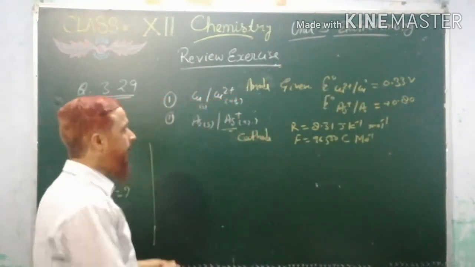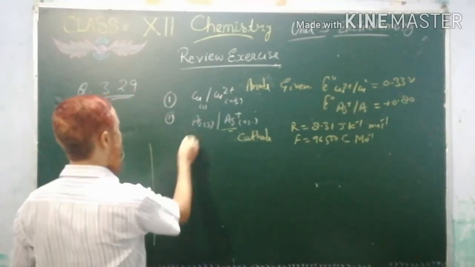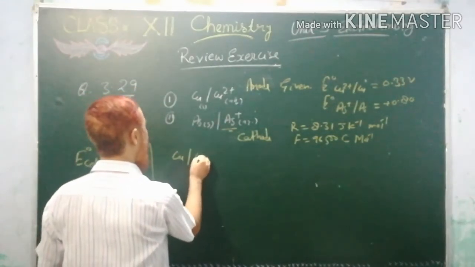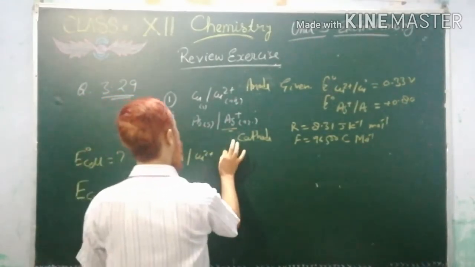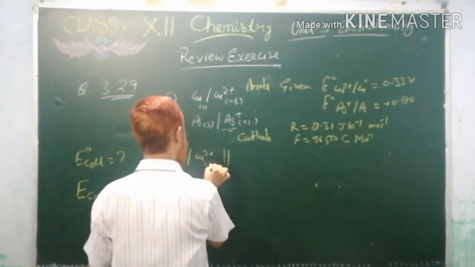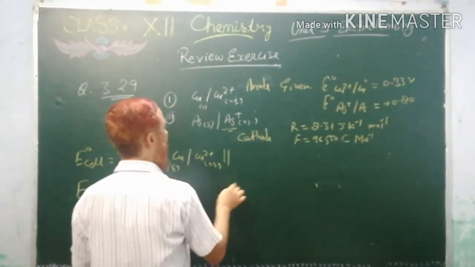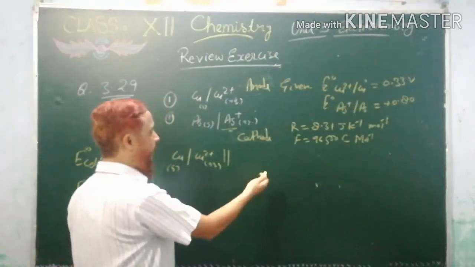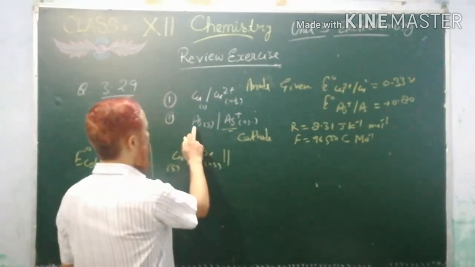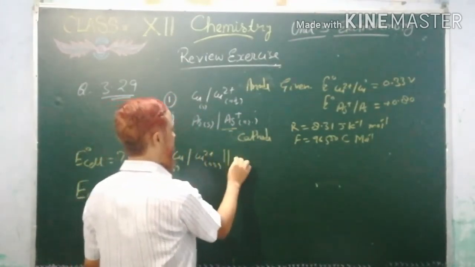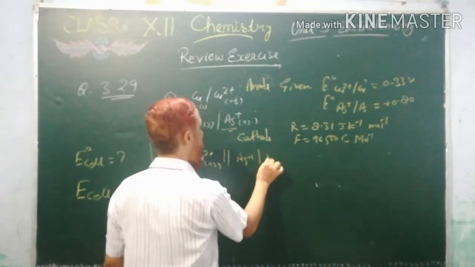So the concept is clear. It means the cell will be like this: Cu upon Cu2 plus, this is solid and this is aqueous, and then we will write Ag plus upon Ag.